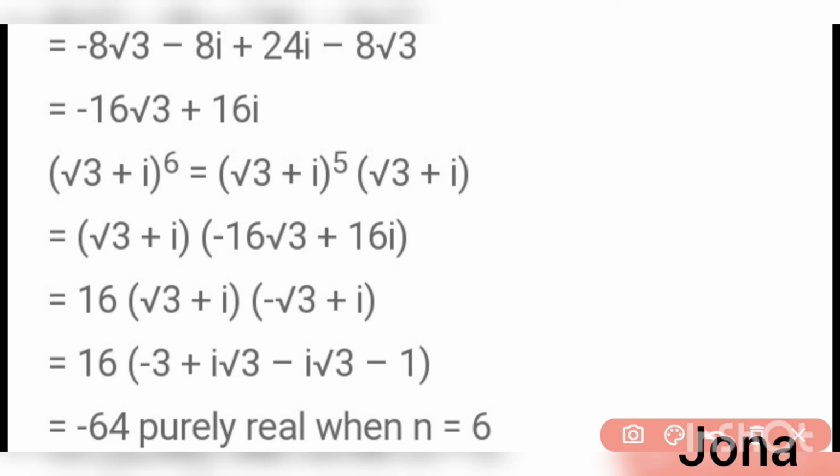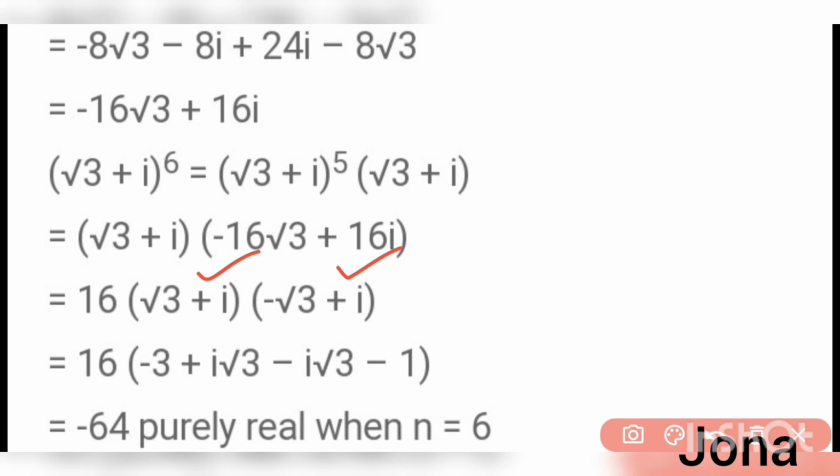So now we have root 3 plus i into minus root 3 plus i, that is nothing but a plus b into a minus b there. So we can have a square minus b square, where a square is root 3 square is 3, and b square is, here i square is minus 1.